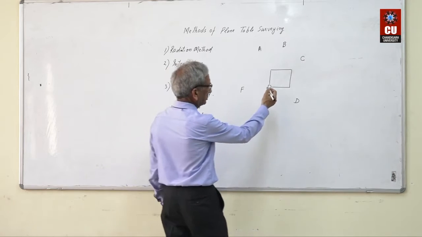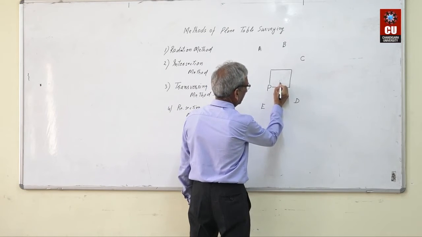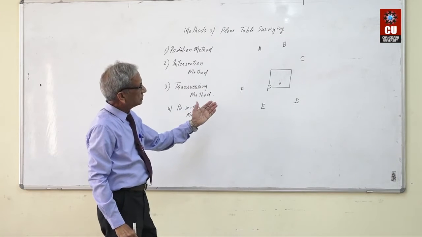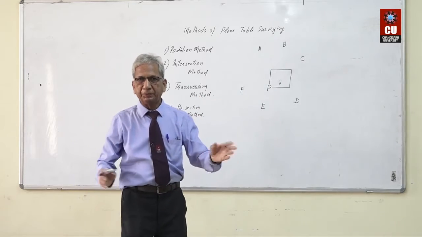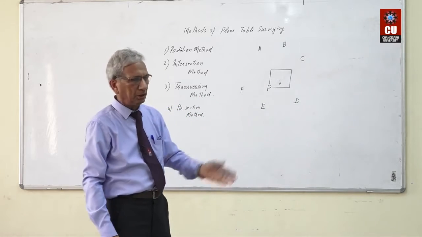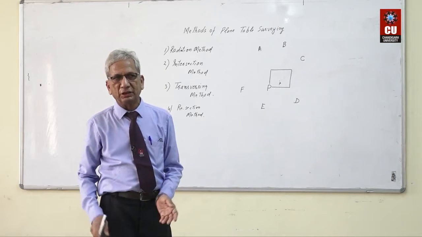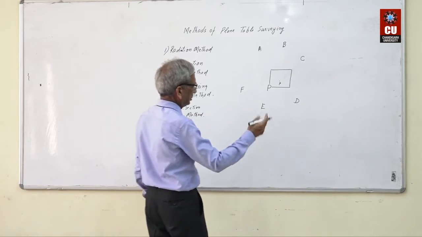We will fix our alidade at point P. The points on the ground are represented by capital letters A, B, C, D, and the corresponding points on the drawing sheet we will represent in small letters a, b, c, d.